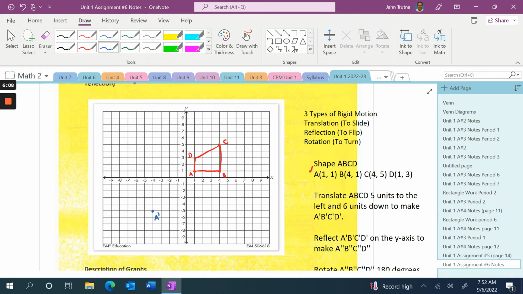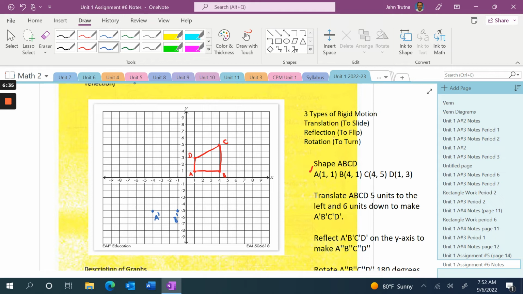Okay, now let's do point B. So 5 units to the left, 1, 2, 3, 4, 5, puts us right there. And then we go 6 units down, 1, 2, 3, 4, 5, 6. So B prime would end up down here with the coordinates of -1, -5. All right, let's translate C. So 5 units to the left, 6 units down.